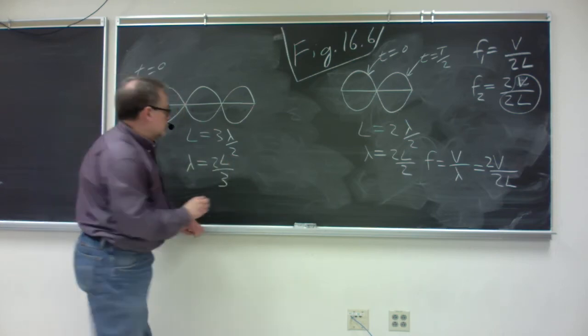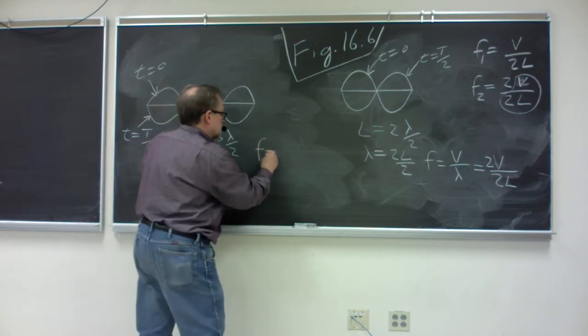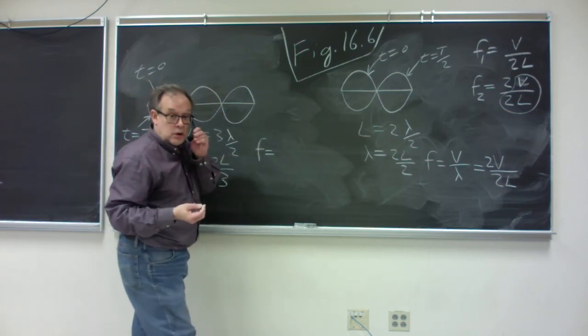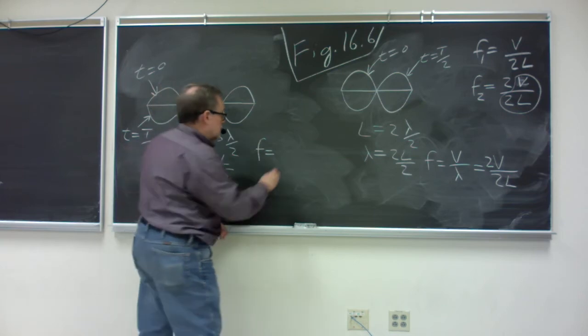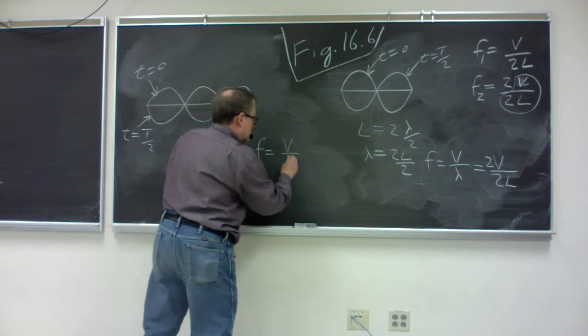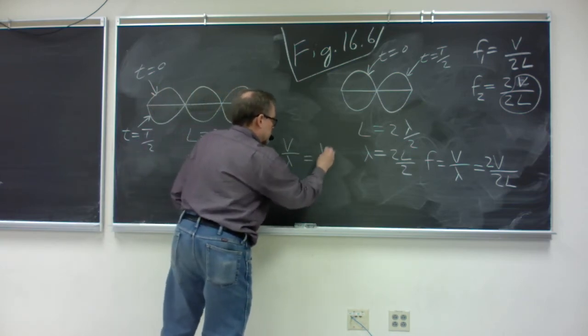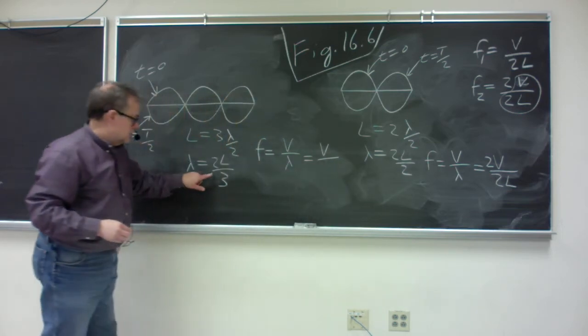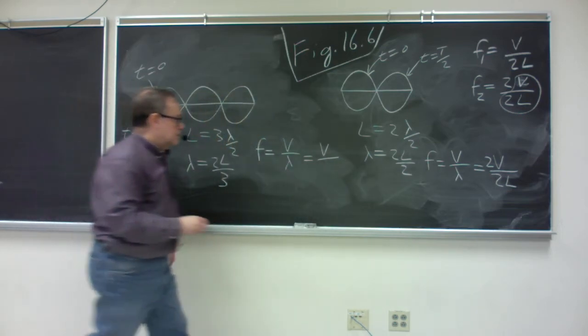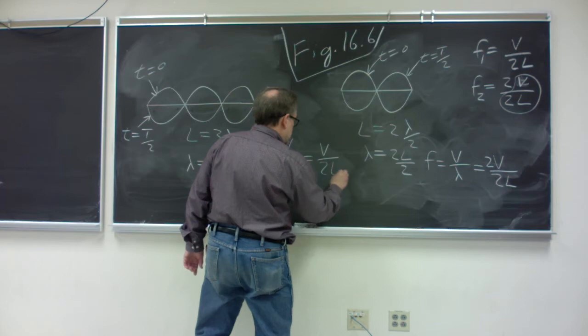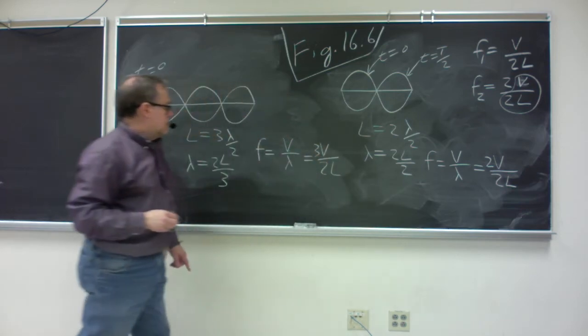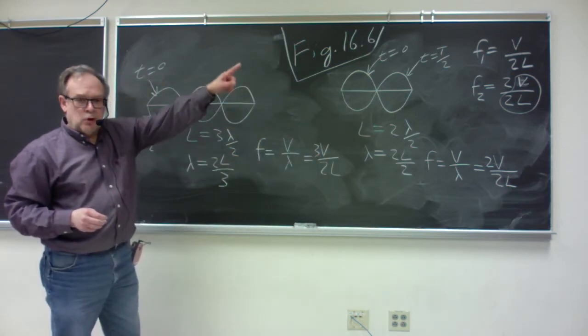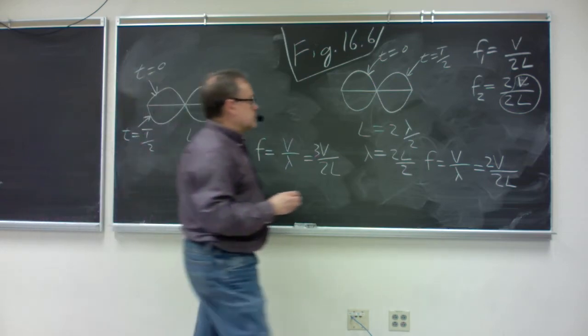So the frequency associated with that wavelength is wave speed over wavelength, which is wave speed over 2L over 3. Let's write that along with our previous 2 results.